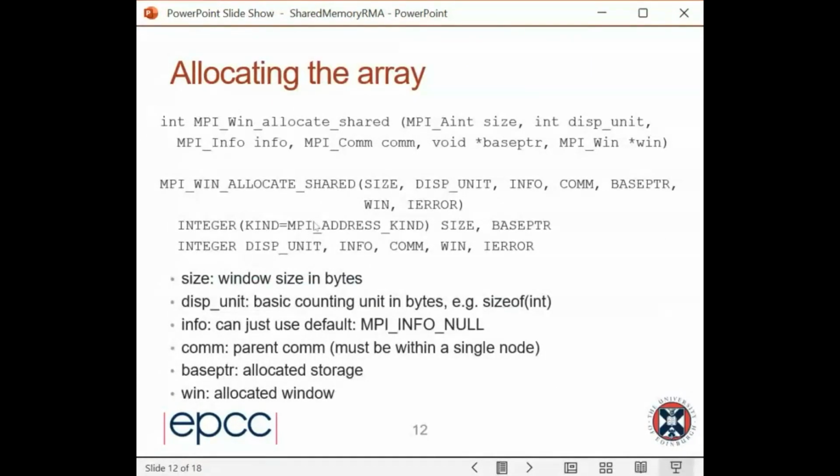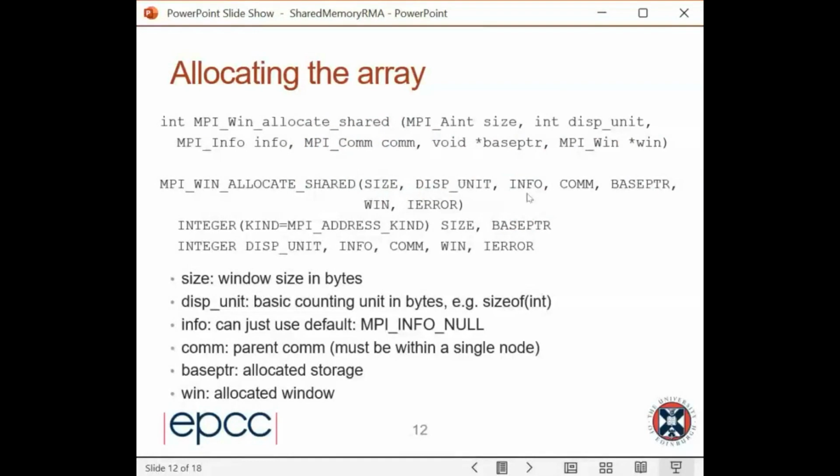Then to allocate the array, it's called MPI_Win_allocate_shared. So what you're saying is, I want to get a shared window. It's a bit like a malloc, but there are a number of caveats. First of all, it's called by all the processes in this communicator. It's collective across the communicator, but of course the communicator has to be one where all the processes are on the same node.